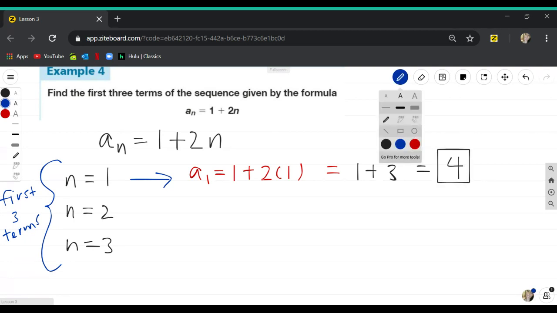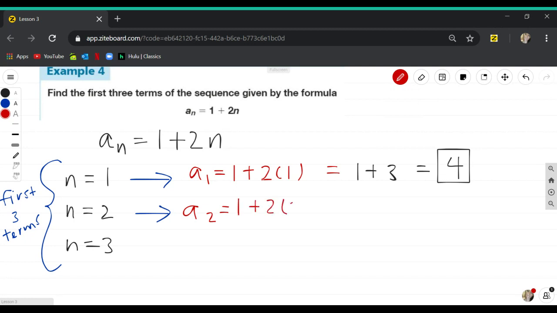So then for our second term, 1 plus 2 times 2, and you guys can solve it while I'm doing it. a3 is 1 plus 2, and then I'll plug in 3 for whatever n is.